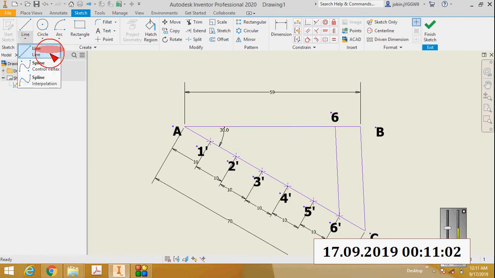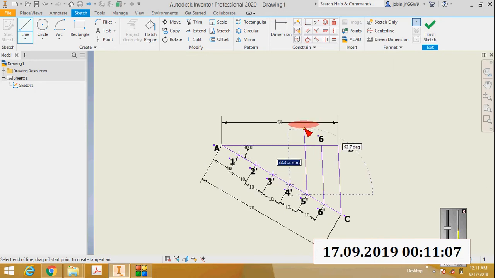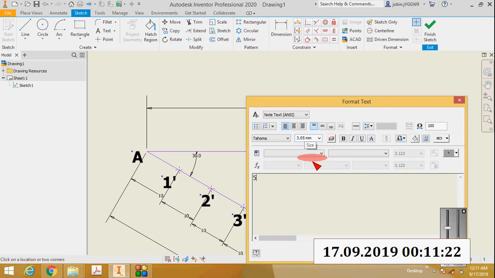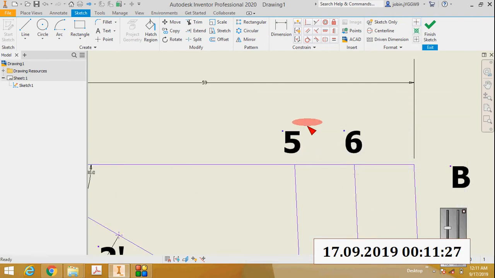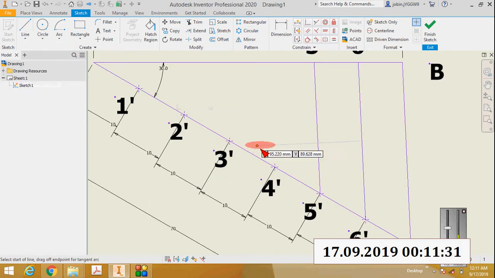Then again, from 5 dash draw another line. Again, what is the speciality of this line? This line is parallel to BC. And name this point as 5. Then again draw a line from 4 dash.